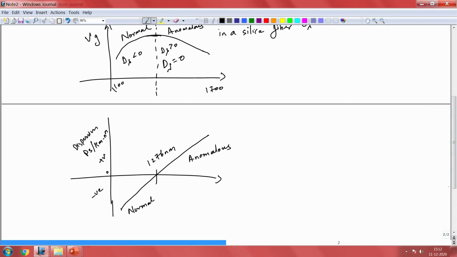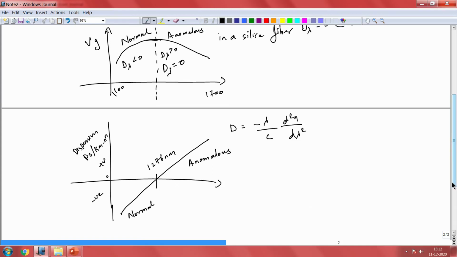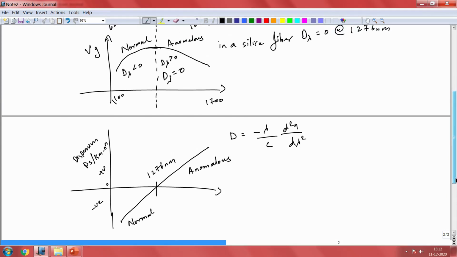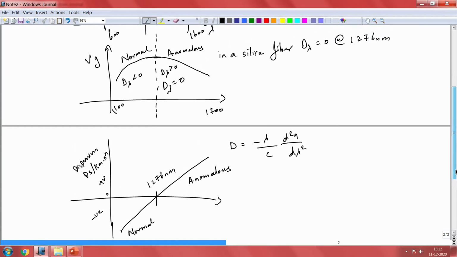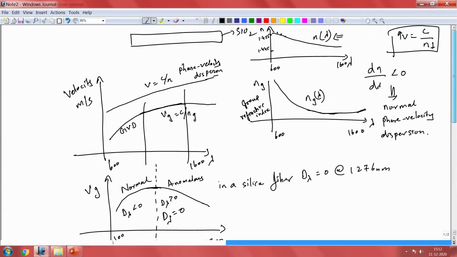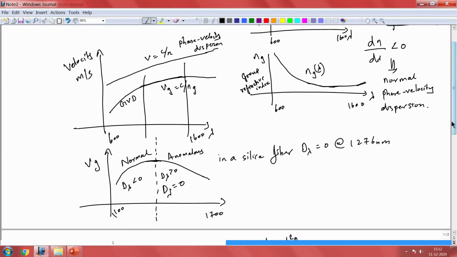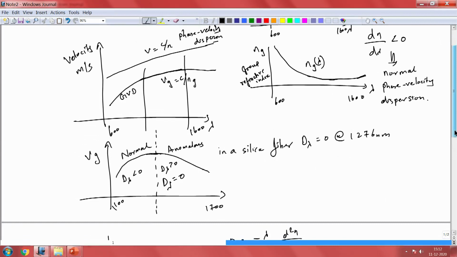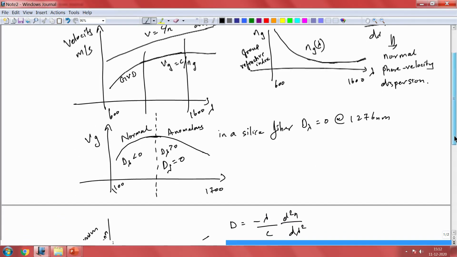So, this is how one can find how different waves travel in the medium, right, as a function of the frequency and also function of refractive index that you have, right. So, everything starts from the material dispersion, all right. So, it is important to understand the material dispersion and then the group index, right, and from group index we calculate the pulse dispersion.